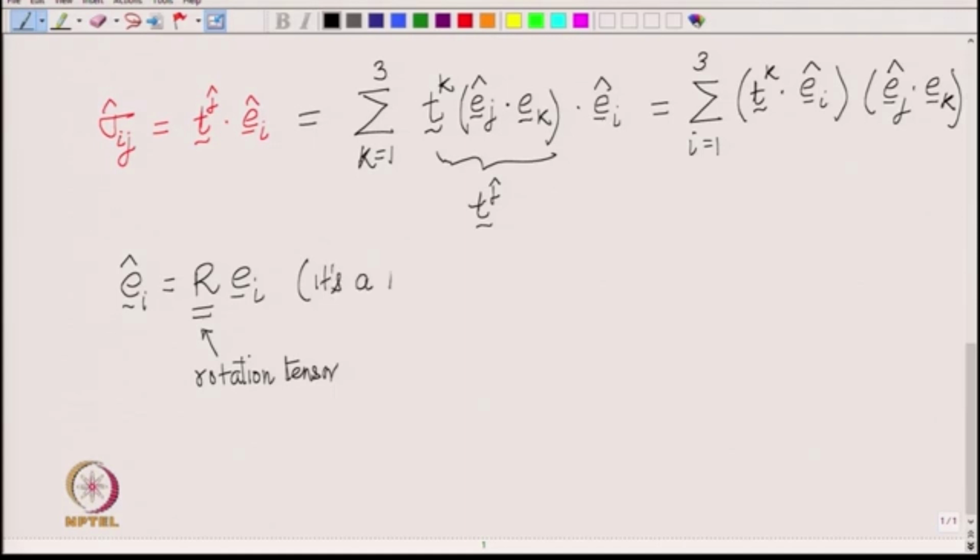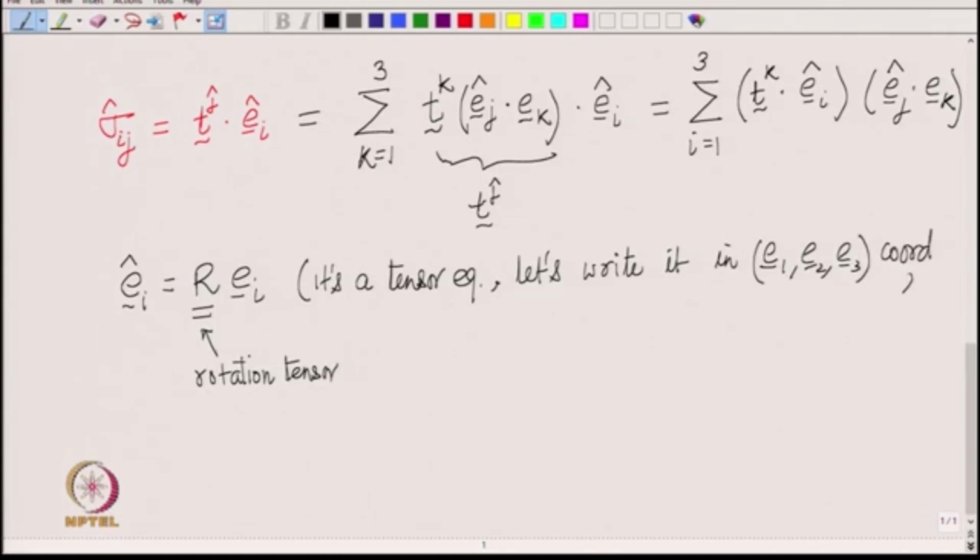Okay. So, it is a tensor equation, let us write it in the E 1, E 2, E 3 coordinate system. That is quite easy.